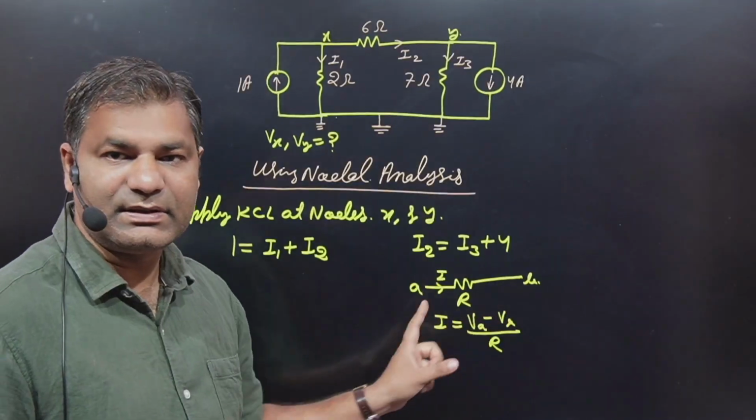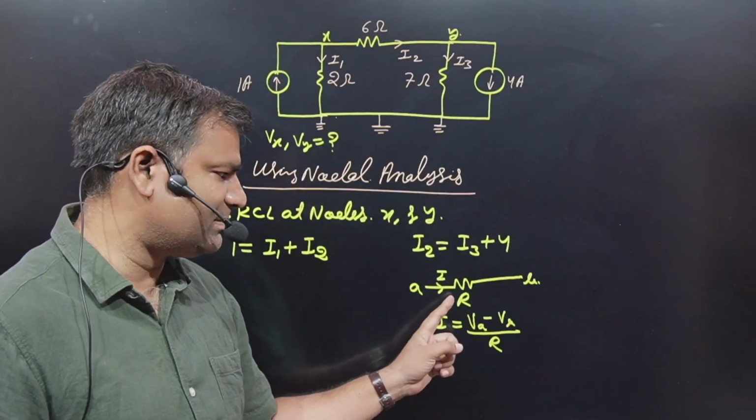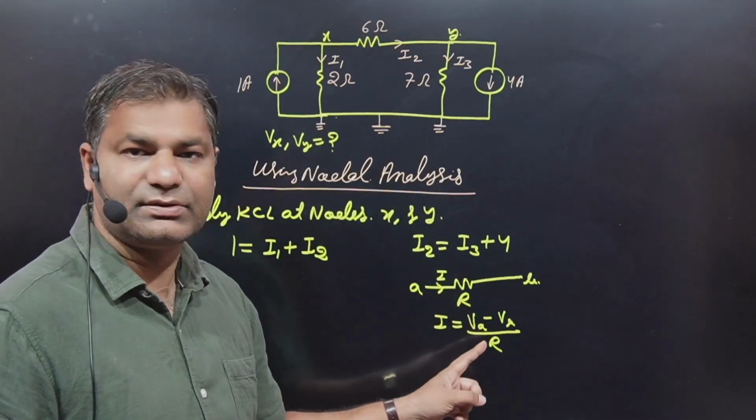VA minus VB, the higher voltage minus the lower voltage, divided by the resistance.